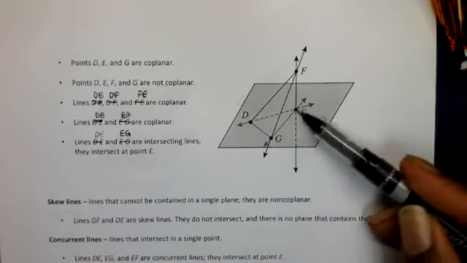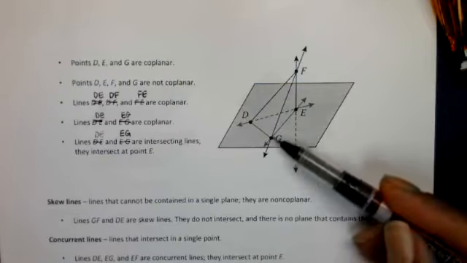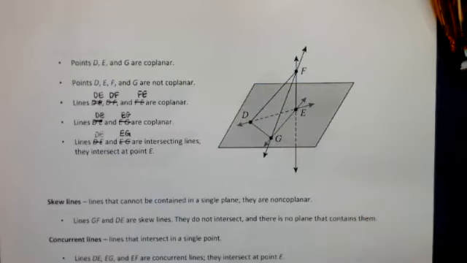So here's DE and EG. They both intersect at a common point called E. That's the point that's common. We call that the point of intersection.